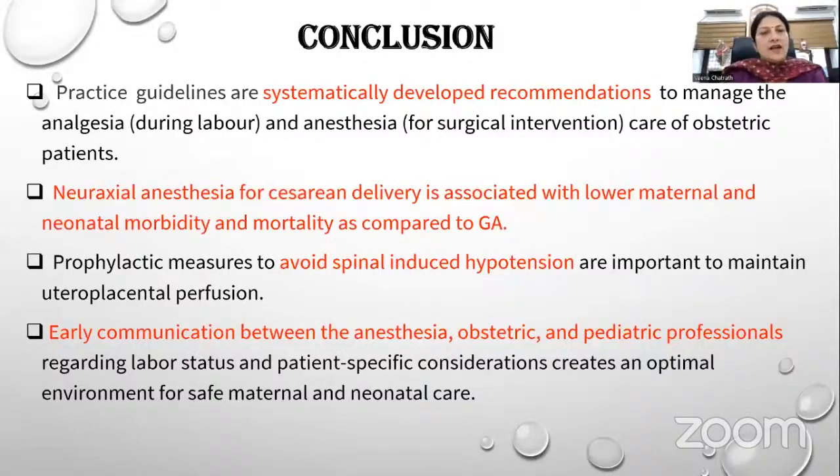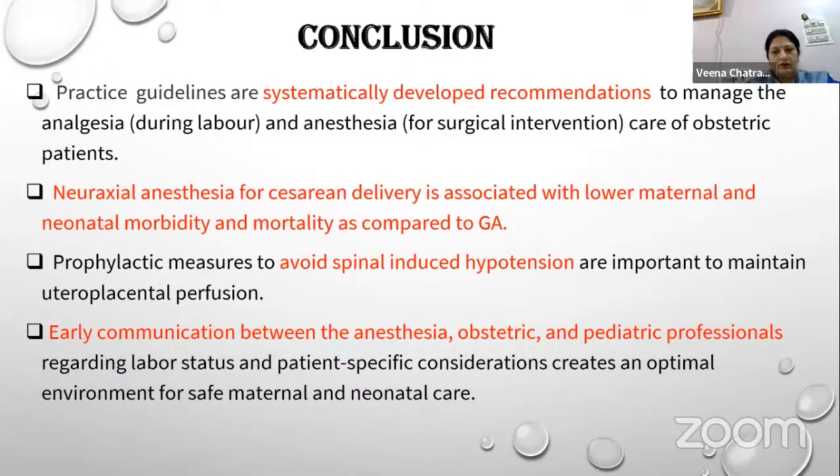So to conclude, practice guidelines are systematically developed recommendations to manage analgesia during labor and anesthesia for surgical intervention, in the care of parturients. Neuraxial anesthesia for cesarean delivery is associated with lower maternal and neonatal morbidity and mortality as compared to general anesthesia techniques.